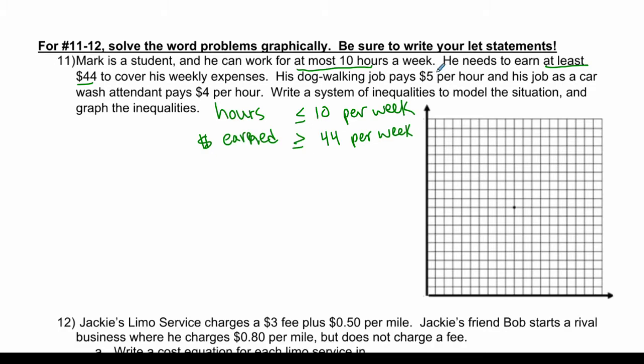His dog walking job pays $5 per hour, and his car wash attendant job pays $4 per hour. So those are his two jobs. So let's let, now we're graphing, we need x's and y's here. So let's let x equal his dog walking job, and let's let y equal his car washing job.